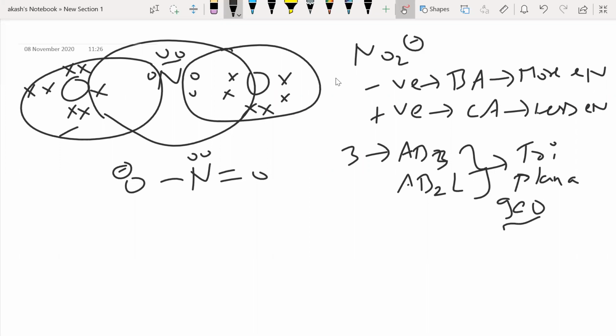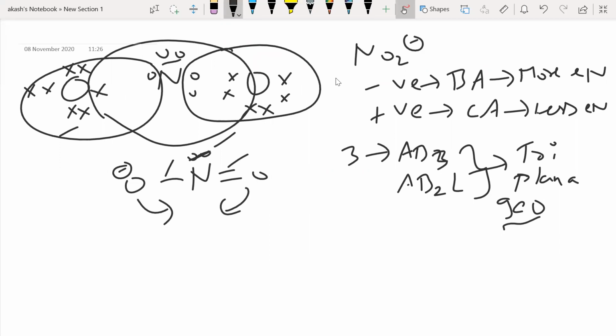Now obviously what you have to understand is you are going to have a new type of interaction here. The interactions are going to be between the lone pair and the bond pairs. So obviously the molecule cannot be linear. If this lone pair is not here, obviously you can tell that it is going to be linear. But since this lone pair is there, these two are going to come down like this.